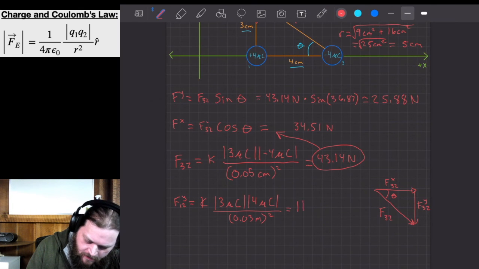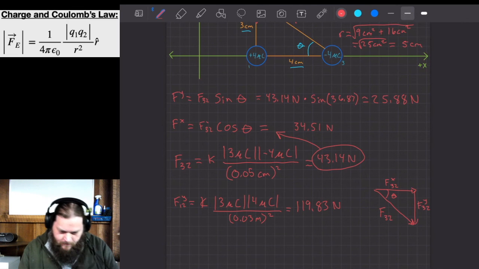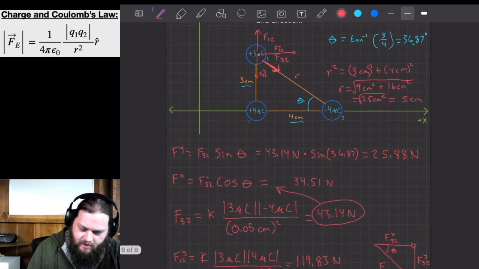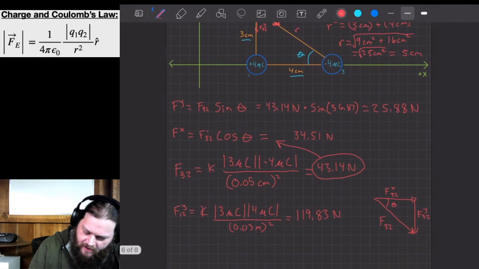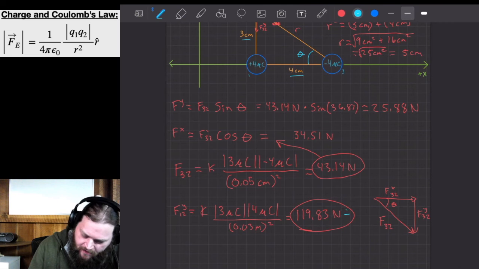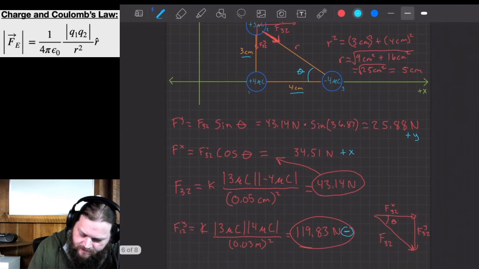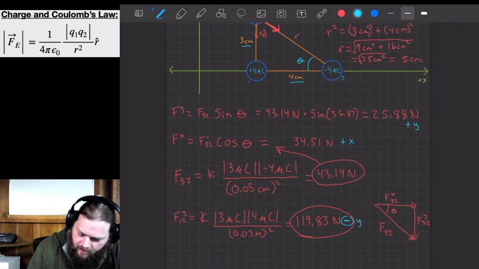So that's 119.83 newtons. Now when we sum these up, notice this is an attractive force, so that's going to be a negative value. This one is going in the positive x direction, and this one is going in the positive y direction. This is in the negative y direction.